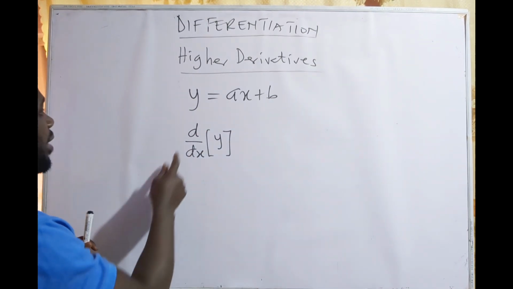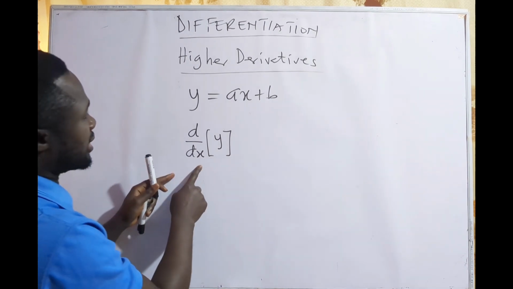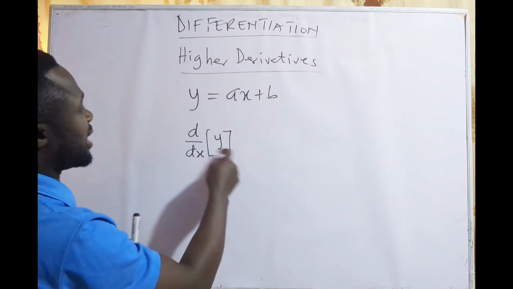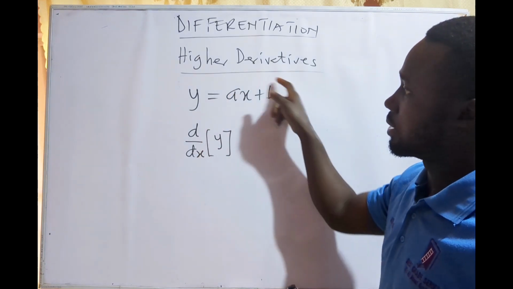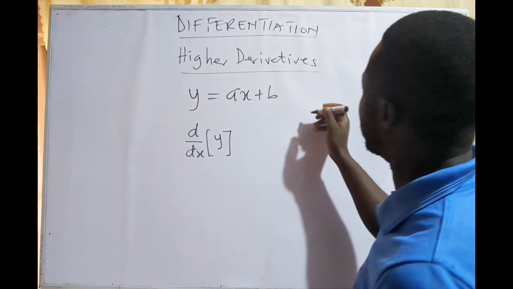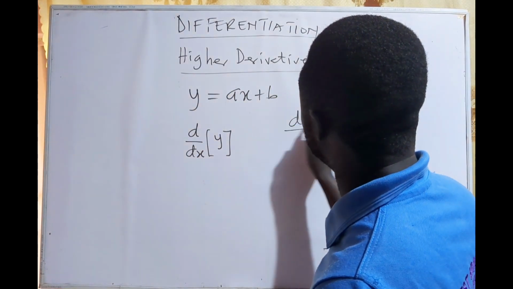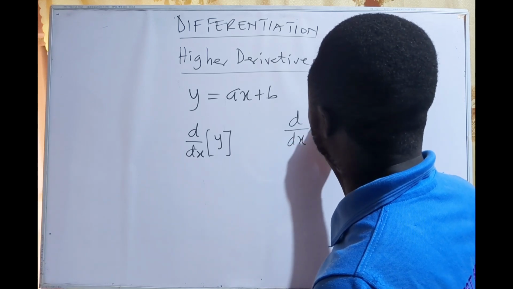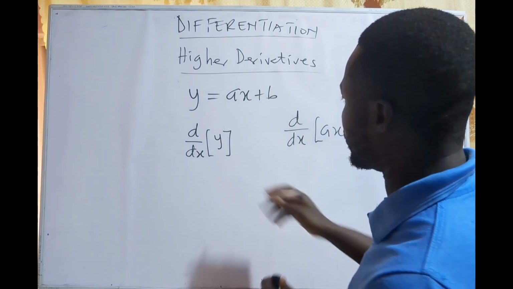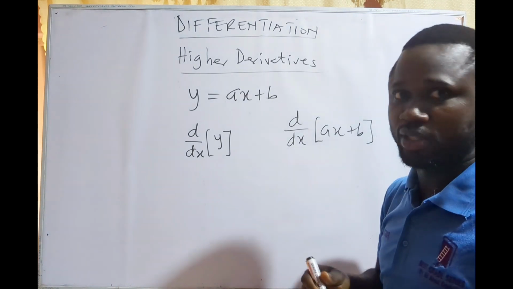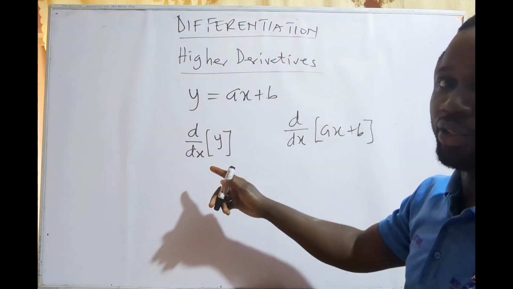If I write d/dx of y, then it means I am differentiating the function y, which is ax + b, or that can be written as d/dx of (ax + b), because ax + b is the same as y.